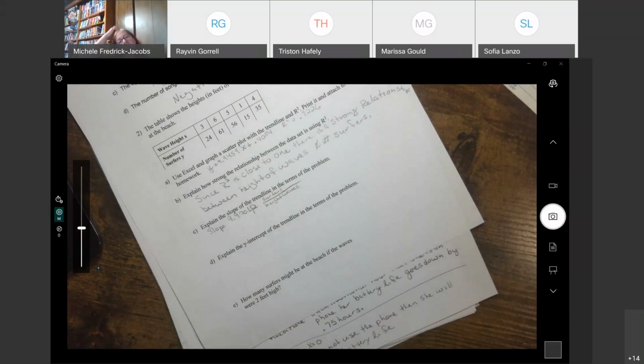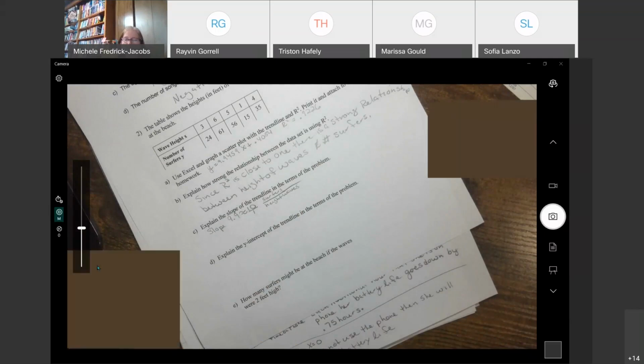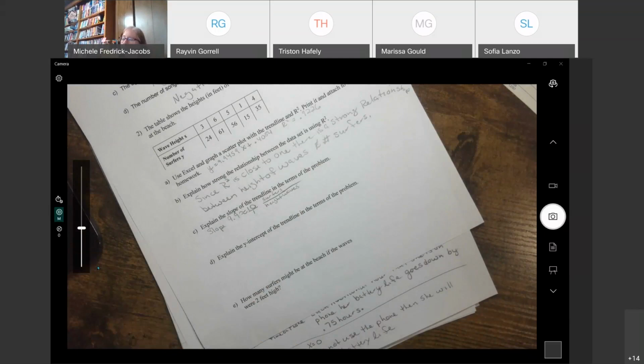Does anyone want to say what their sentence would be? Each additional foot of wave will increase the amount of surfers by 10.